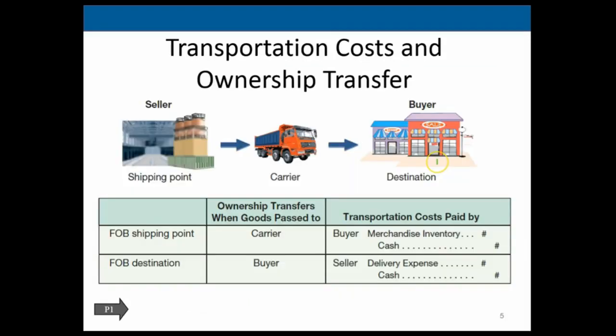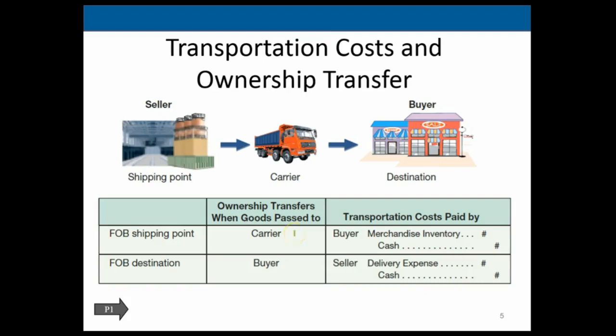We also have this concept of transportation costs and ownership transfer. So if we're going to buy something, say we're buying something from China, and we have to ship the goods over to us, there's a question of, when does this transaction happen? When is the inventory ours? Who's taking care of the shipping costs?